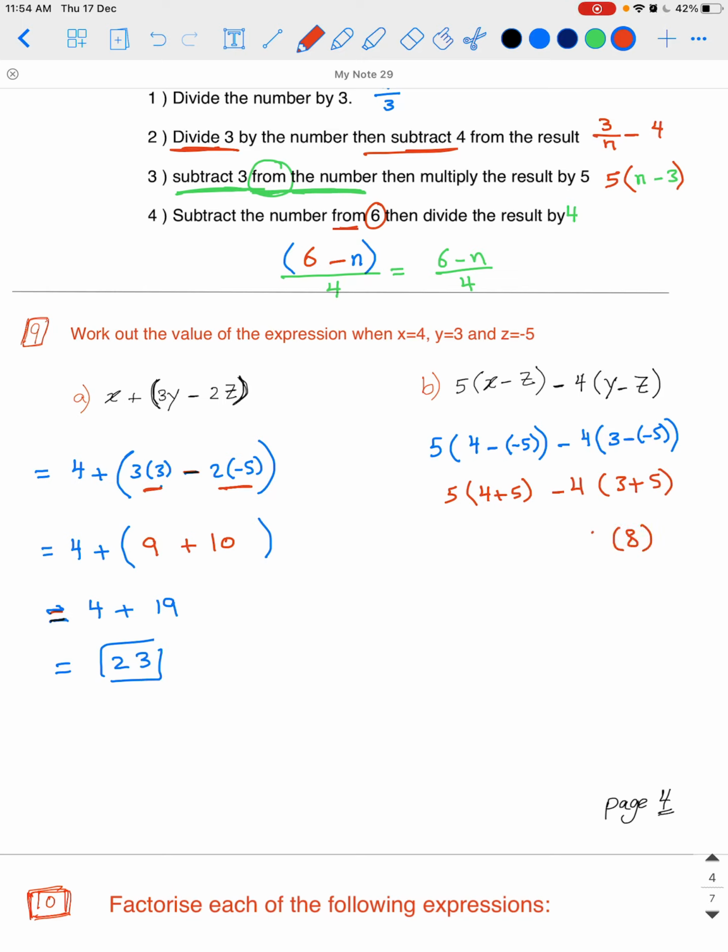Do the brackets, so 8. Do the brackets, so it's 9. Make the multiplication before the subtraction. So 5 by 9 equal 45. Okay? And 4 by 8 equals 32. Make subtraction, you will get 3, and here is 1, so 13.